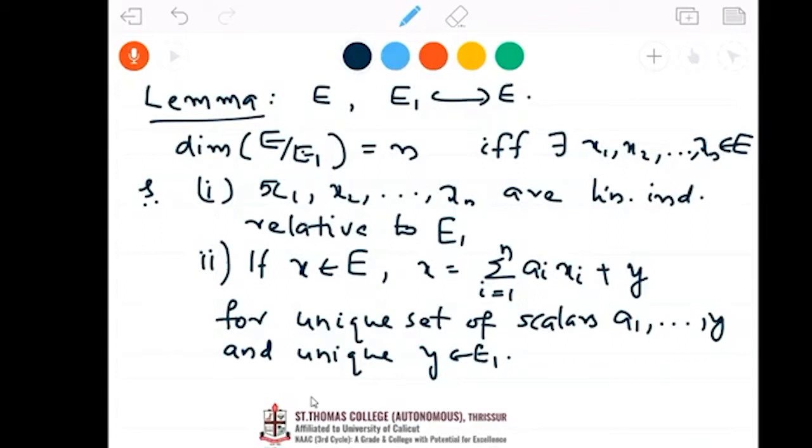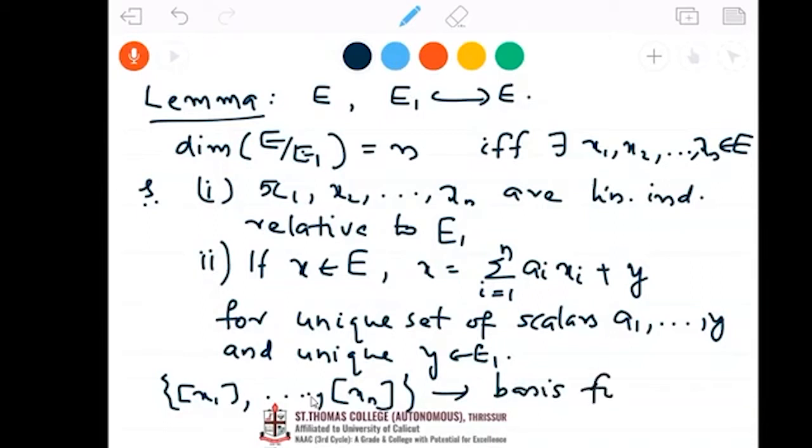If this is true, then the cosets corresponding to x1, x2, etc., xn form a basis for E over E1.